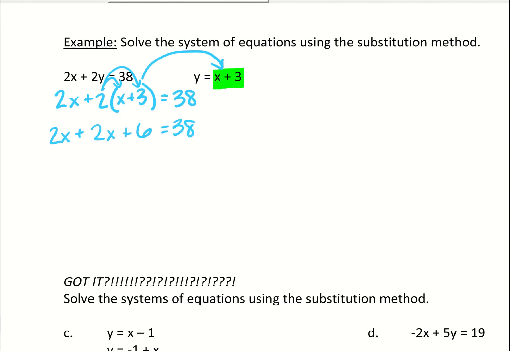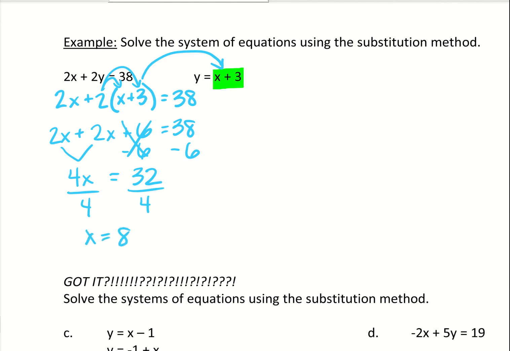Now I'm going to combine the two x's, and when I add those together, that gives me 4x. I'm going to subtract the 6 in the same step, just to free up a little bit of space for us. So we have 4x equals 32. Divide both sides by 4, and then we finish up with x equals 8.